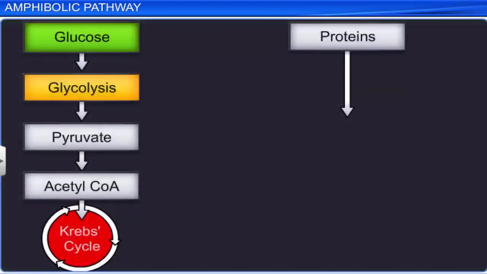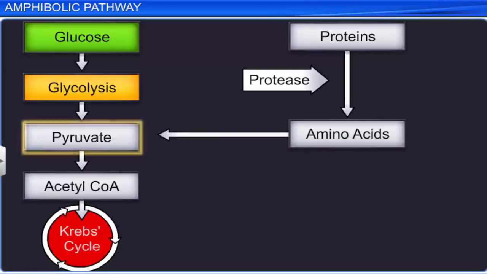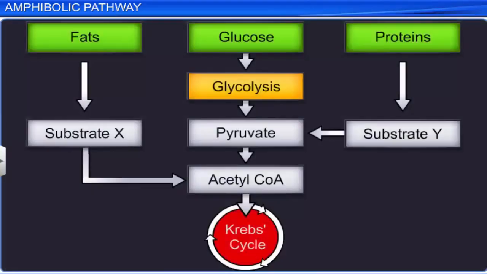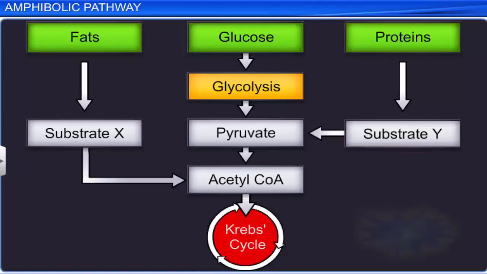Similarly, proteins are broken down by protease enzymes into amino acids. These amino acids are converted into different intermediary substrates of the Krebs cycle, such as pyruvate. Thus, in addition to glucose, plants use fats and proteins as respiratory substrates to produce energy.